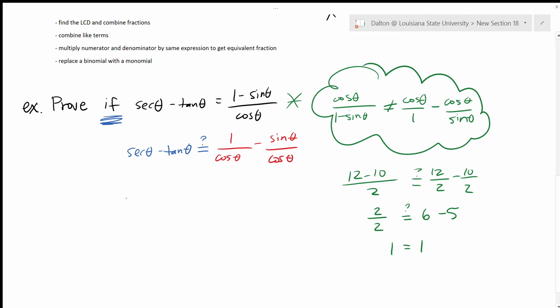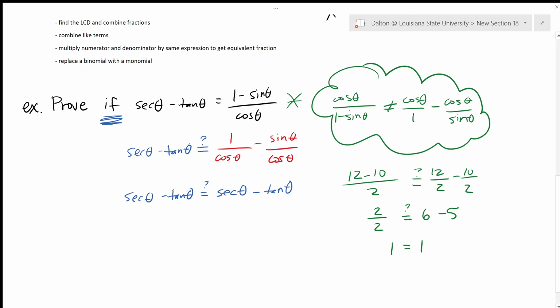Okay, so now let me leave my left-hand side alone, secant of theta minus tangent of theta. And now let's use some identities. What is 1 over cosine? It is secant, using our reciprocal identity. And as Tyler said earlier, sine over cosine is tangent, using one of your quotient identities.